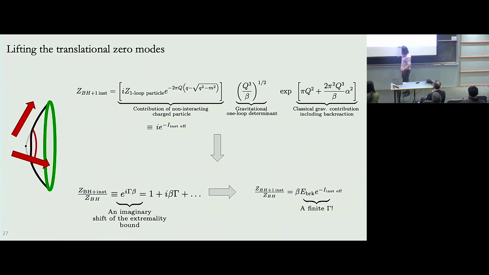So we should compare this to this term, which is the ratio of the partition function of one instanton to the black hole, and we find this answer, which is completely finite and is perfectly consistent with this factor of beta gamma because it's linear in beta. So the fact that the Schwarzian gave a different one-loop determinant in terms of its temperature is no coincidence. It's precisely to get this factor of beta that produces the right scaling to obtain the pair production rate. And this pair production rate is now finite, even at extremality. It's a perfectly fine result.